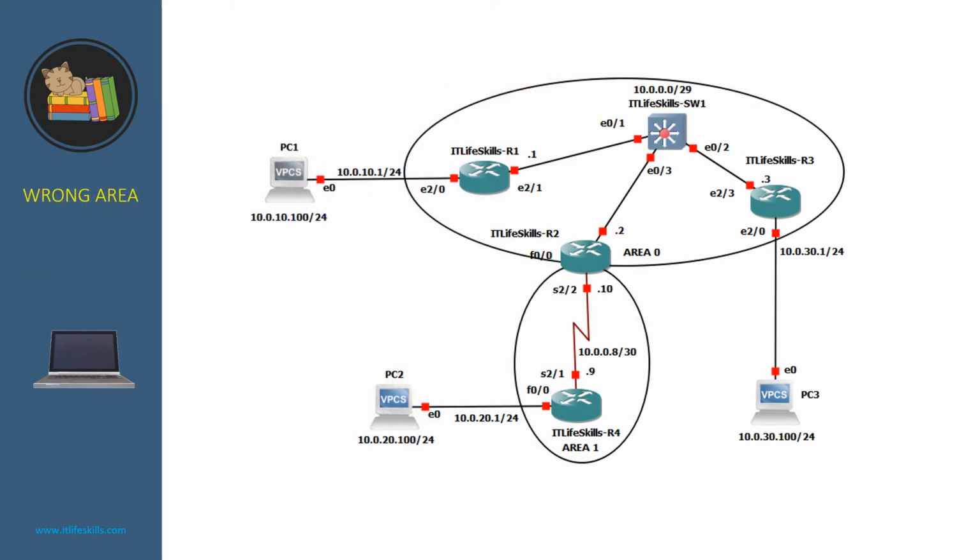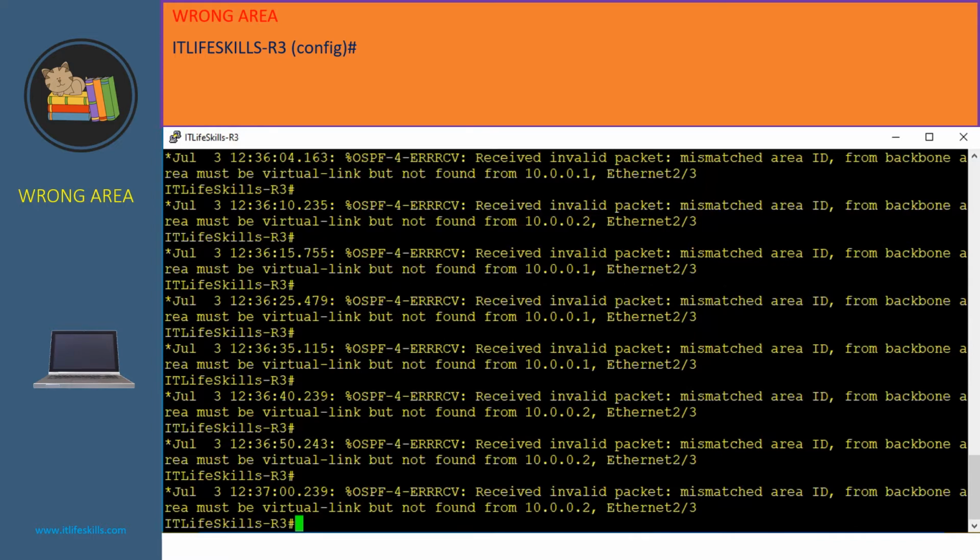Let's enable the OSPF process on the interface E2/3 of IT Life Skills router 3, but put it in area 1 to see what happens. To put the interface back into the correct area, first at the configuration mode, we issue the command router ospf, then we provide the process number, then hit enter.